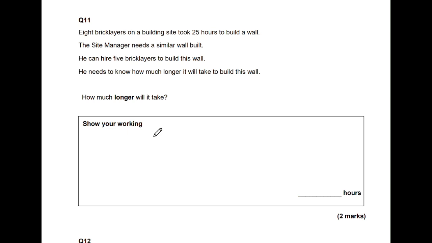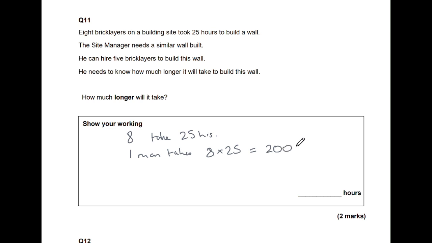Okay, so first thing to do is we've got 8 take 25 hours. So we could find out how long it would take one man. So it's going to take him 8 times longer. So one man takes 8 times 25. Well, 4 25s are 100, so 8 are 200.